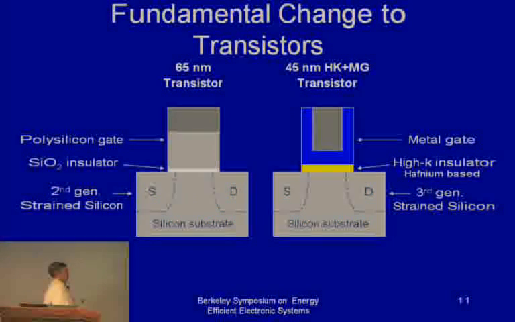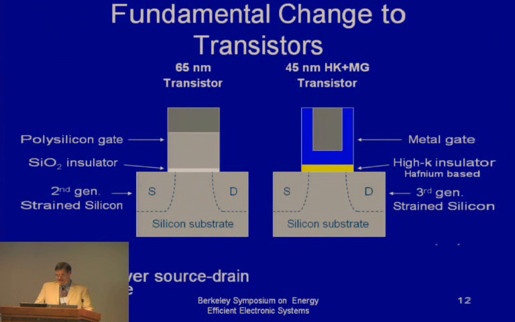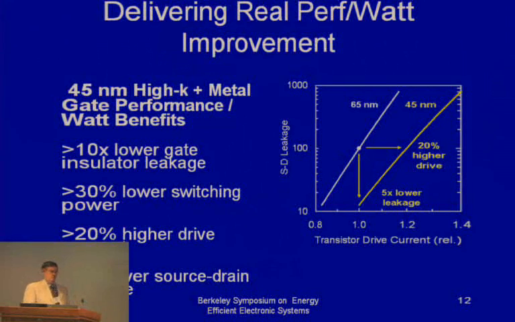So we brought that out in early 2008. Later in 2008, we married the two technologies, the high-K metal gate with the third-generation strain, the biaxial strain, in the 45 nanometer high-K metal gate device. And that has led to some real performance improvements.